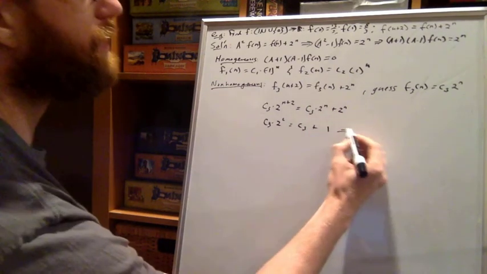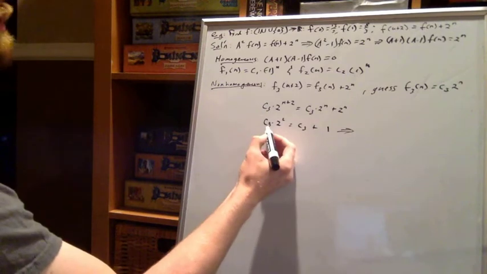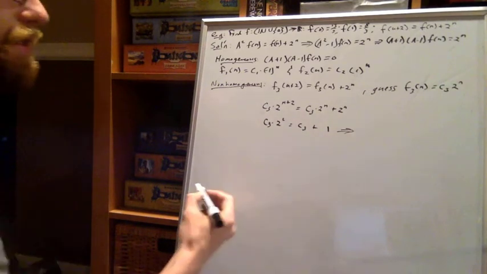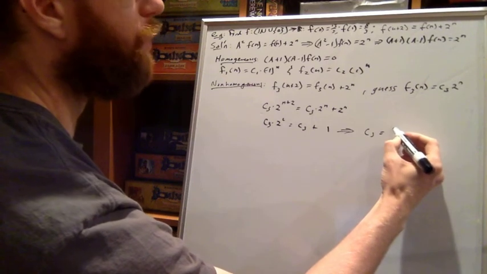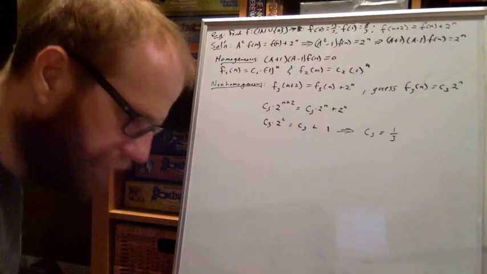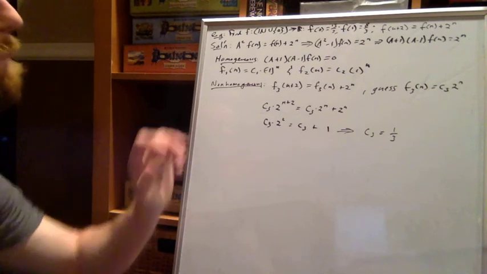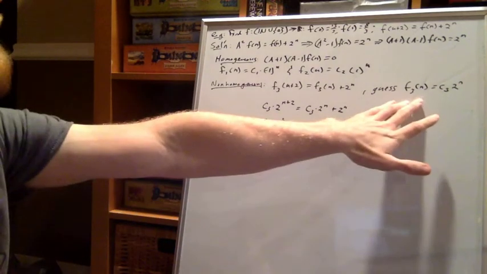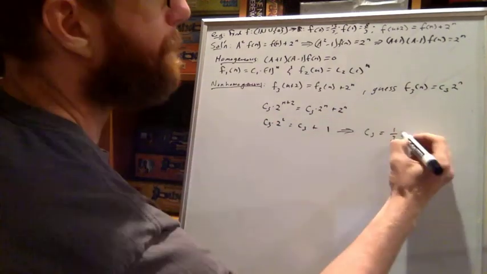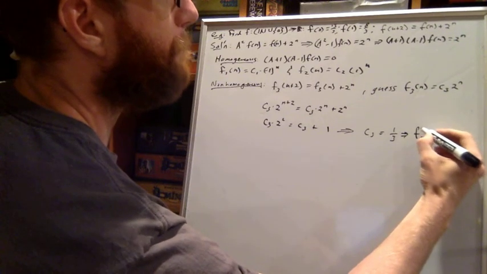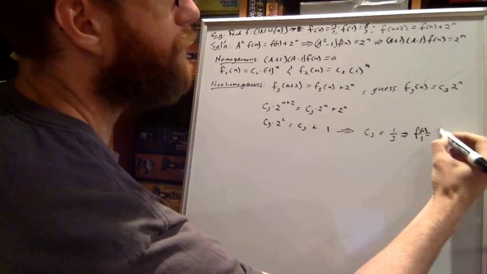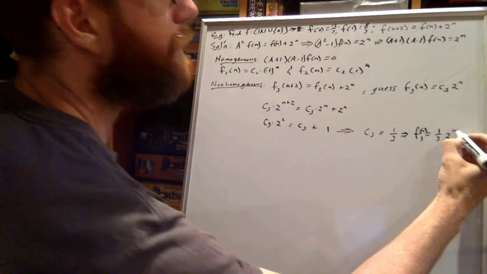So 4c3 equals c3 plus 1, and subtracting c3 from both sides tells me that c3 equals 1/3. So f3 of n is 1/3 times 2 to the n.